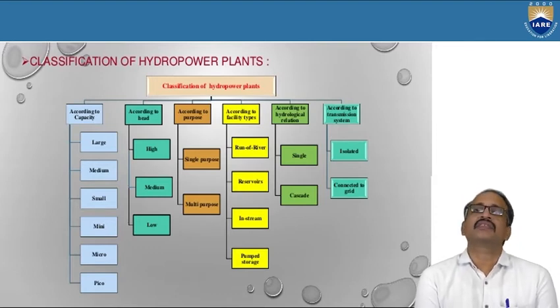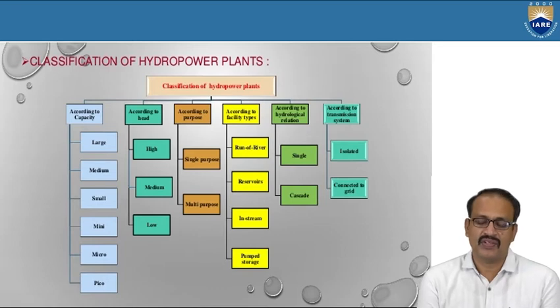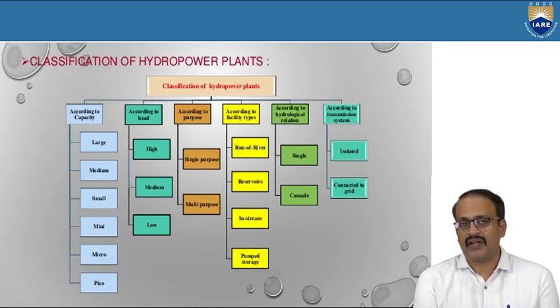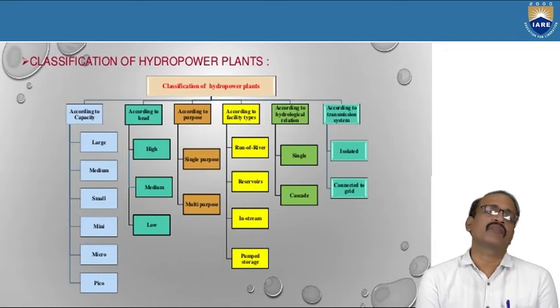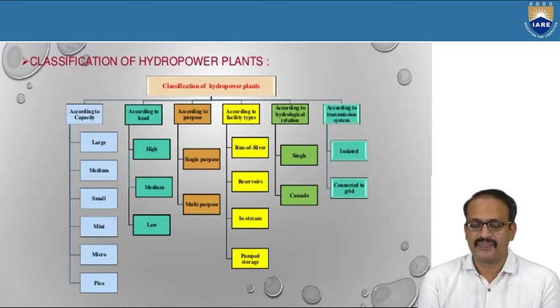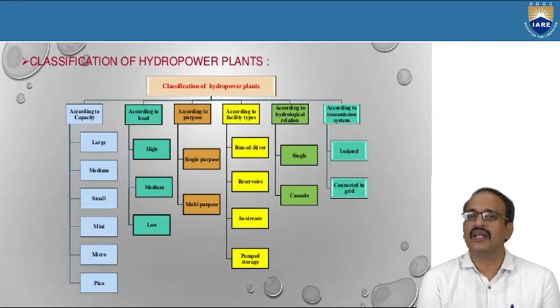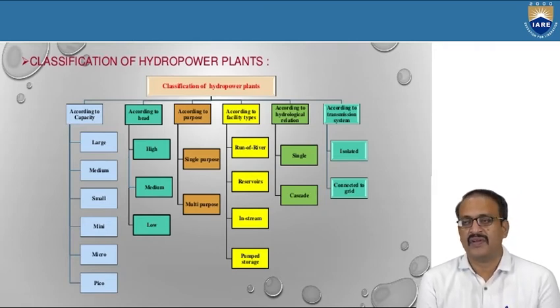So that's why the countries will always go for constructing a large dam, for developing in bulk, for generating huge amounts of power. If that is not possible, then they will go to the medium cases and small cases.